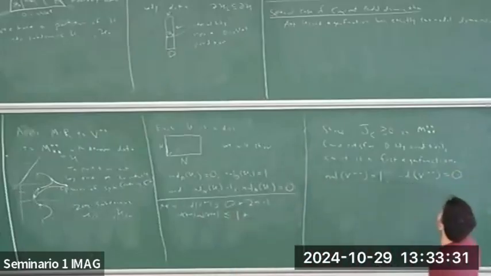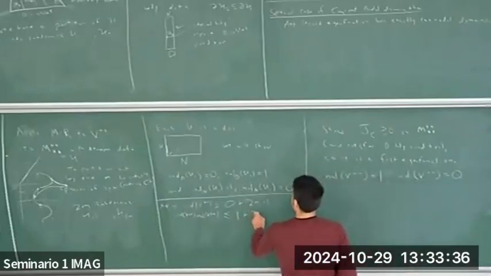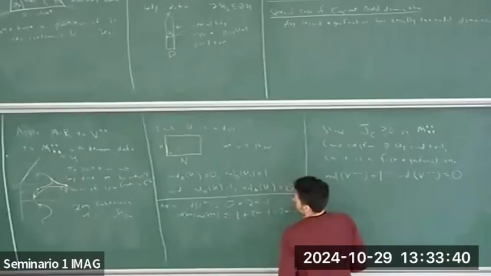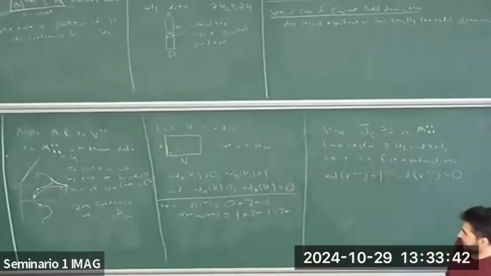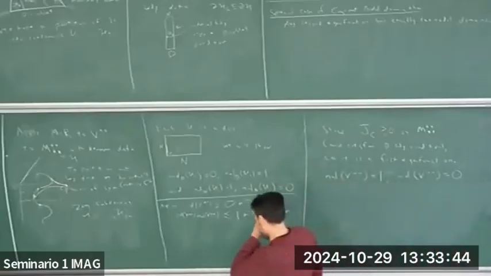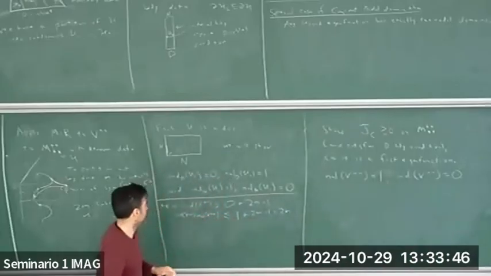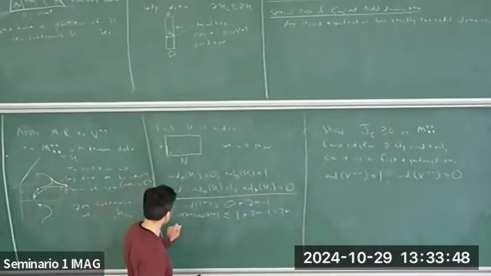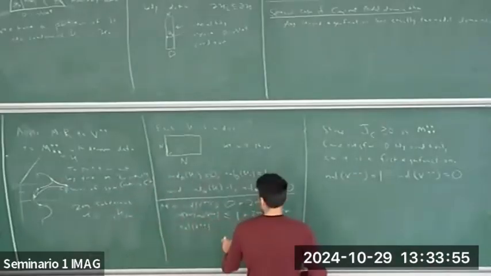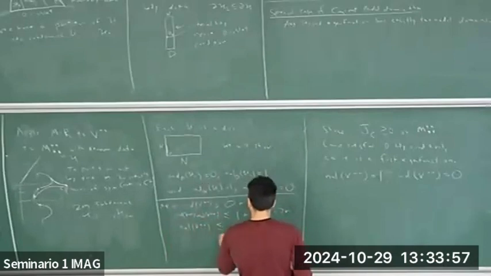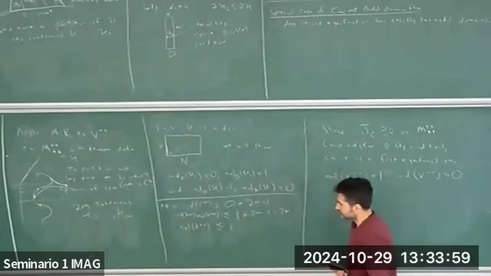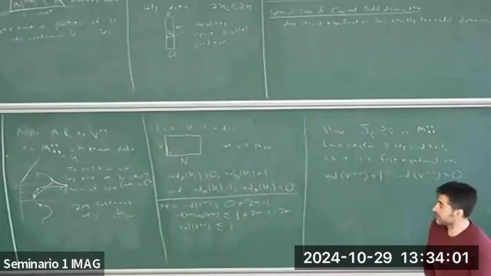And then I have 2n minus 1 other terms, which also give me a 1. Okay, so I know that the index is at least 2n minus 1, and the nullity is no more than 2n. So this in particular tells me that the nullity is going to be at most 1.